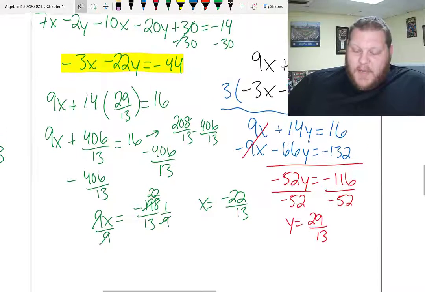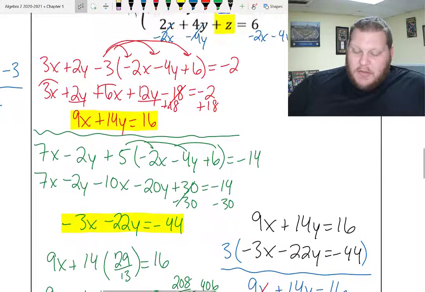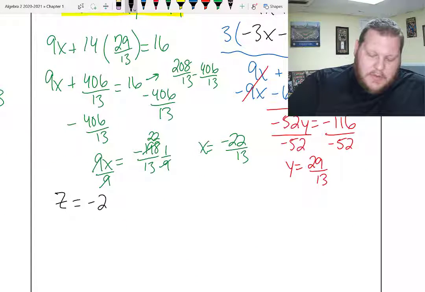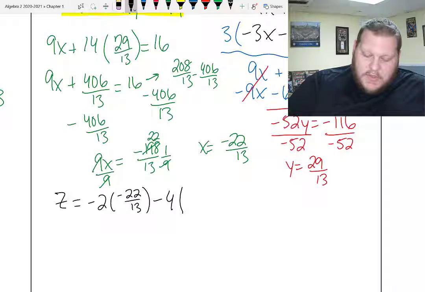And then I go back to my top equation that had z all by itself. z equals negative 2x, which we just saw was negative 22 thirteenths, minus 4y, which is 29 thirteenths, plus 6.